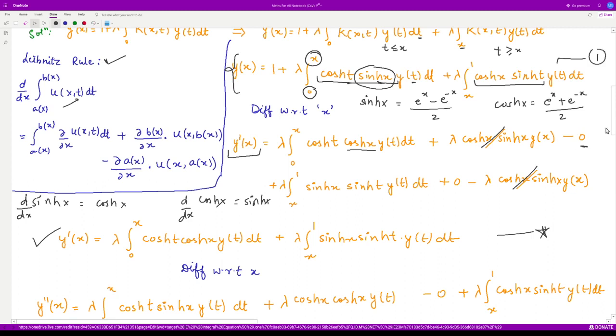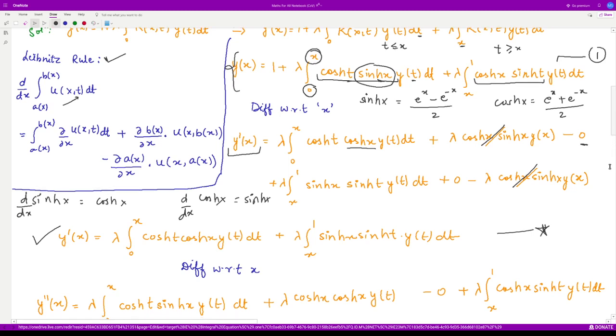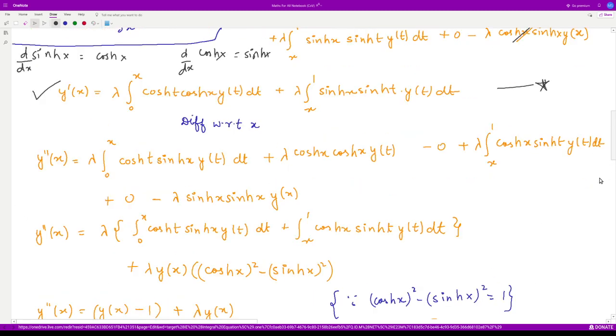So now again we have the integral over here. So we have to differentiate it once more. So let's differentiate it with respect to x. So we'll have y double dash x, again applying the Leibniz rule over this term. We'll have lambda as it is because we are taking the derivative with respect to x.